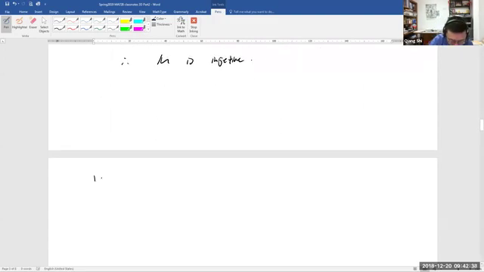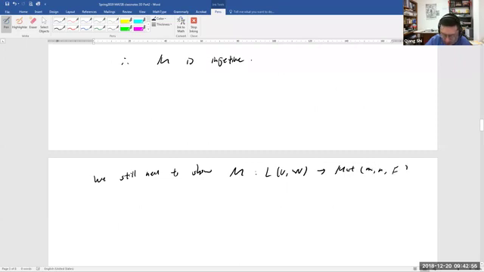So we still need to show this map M from L(V,W) to this matrix space M(m,n; F) is surjective.